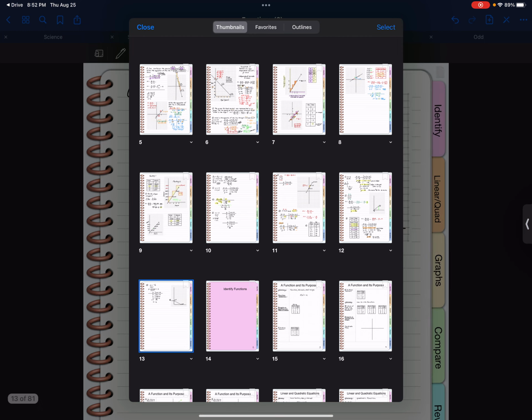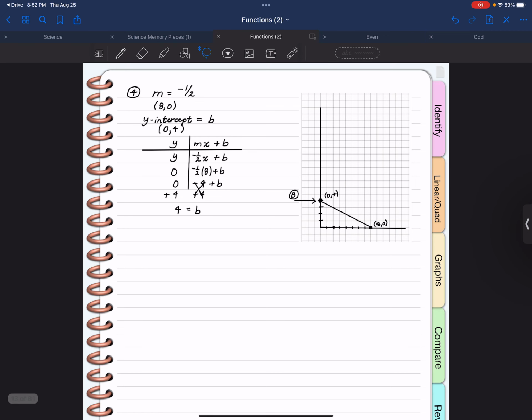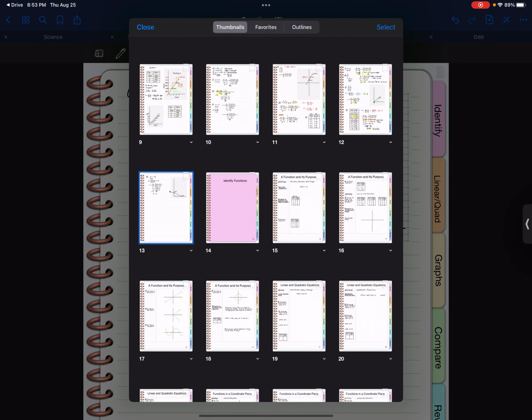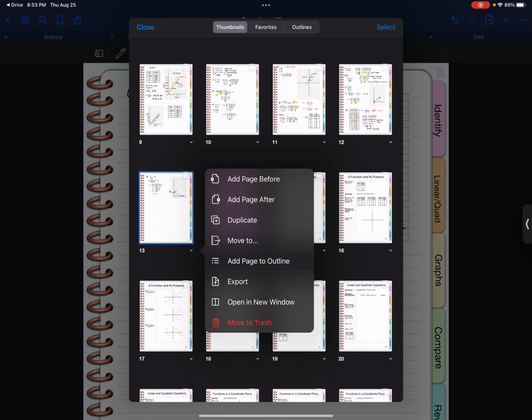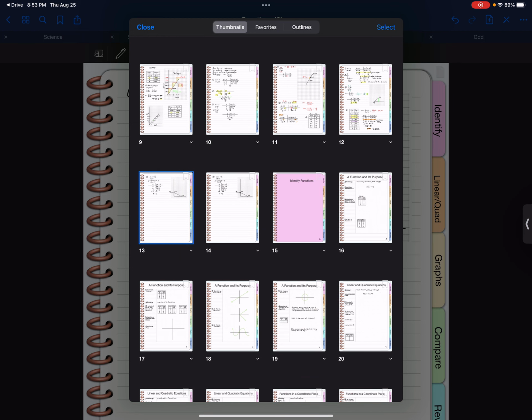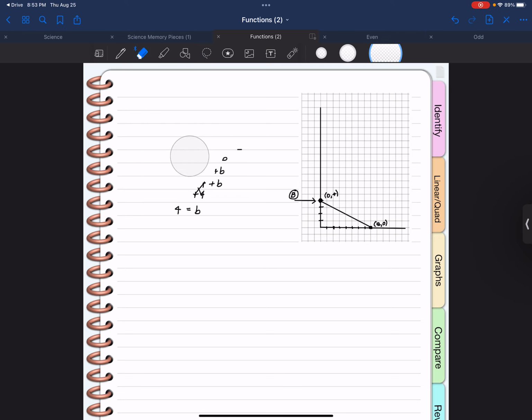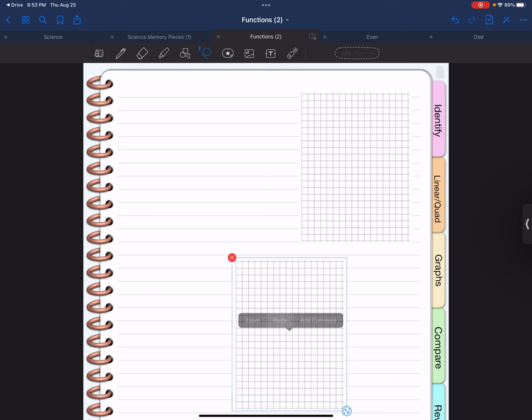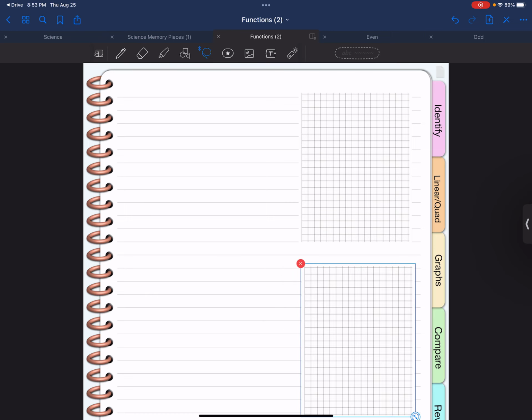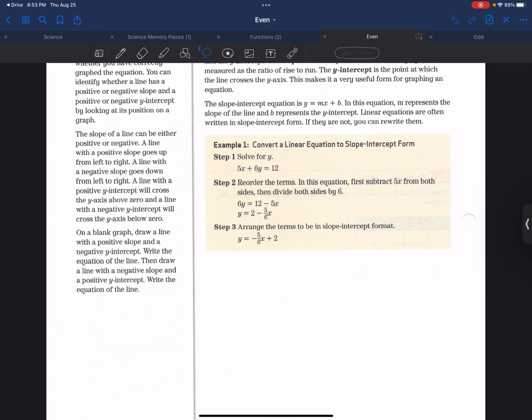I guess I can just duplicate this one because I think this is worthwhile just to review those terms, get that really fixed in your mind before we tackle some of these other problems. So I'm going to go ahead and make a copy of this graph if it will cooperate with me. It sure did. And then I've lost my screenshot, so I have to go back and get that.